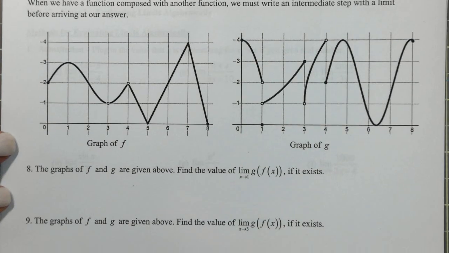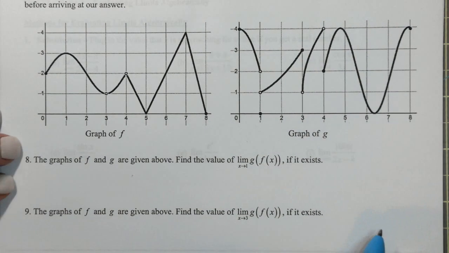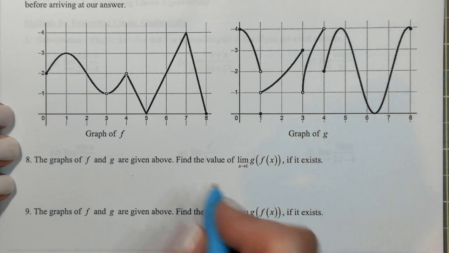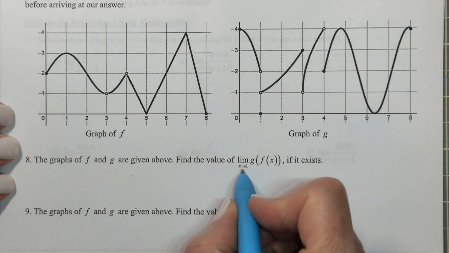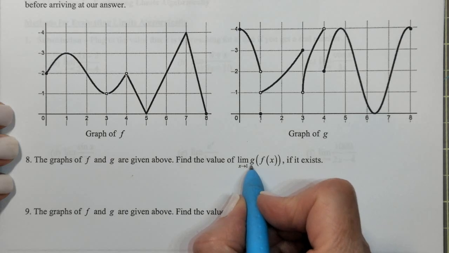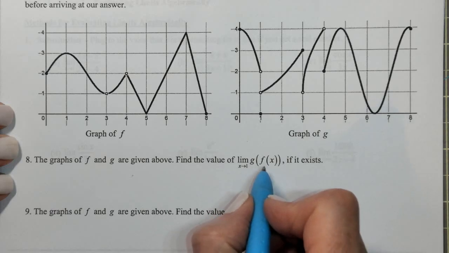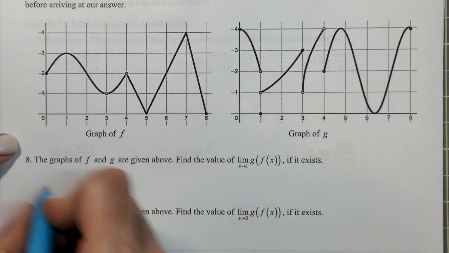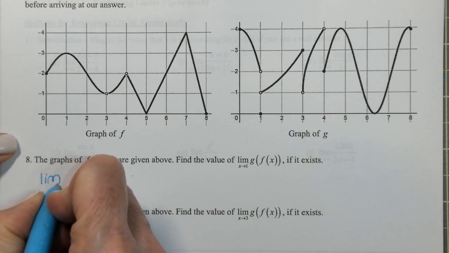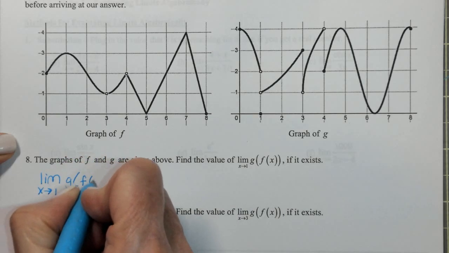So the best way I can think of to do this is to do several examples, so that's what I'm going to do here. I want the limit as x approaches 1 of g of f of x. G of f of x. Okay? We want the limit as x approaches 1 of g of f of x.